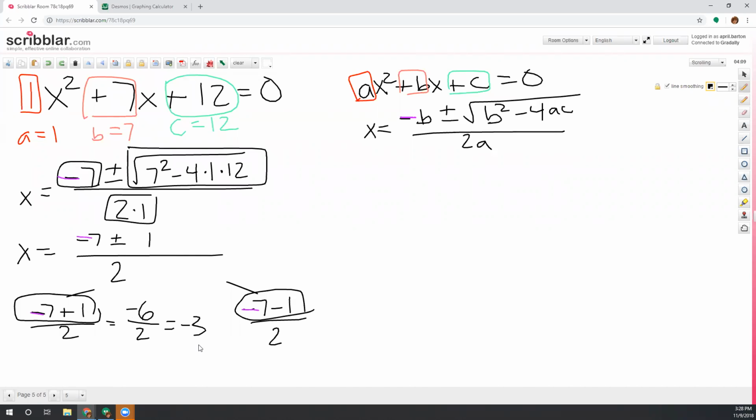Now, positive and negatives are really, really important, but they're easy to overlook. It happens all the time, even with people who have been doing math for a very long time. So our first answer is the negative 3. How about the second one? What are we going to get for our second fraction?